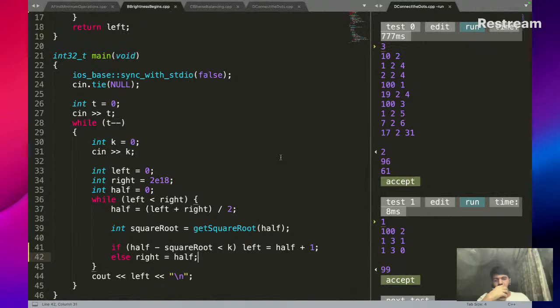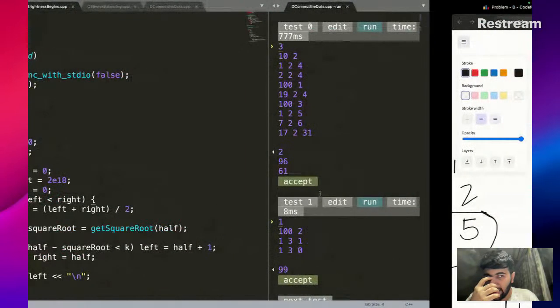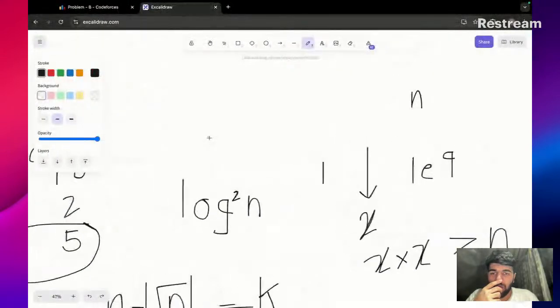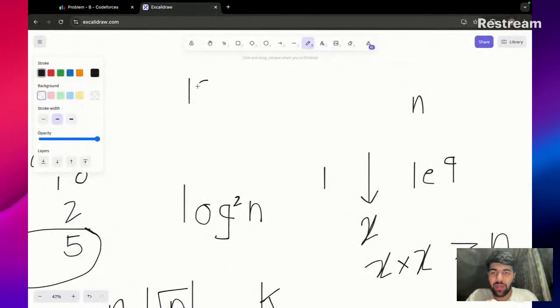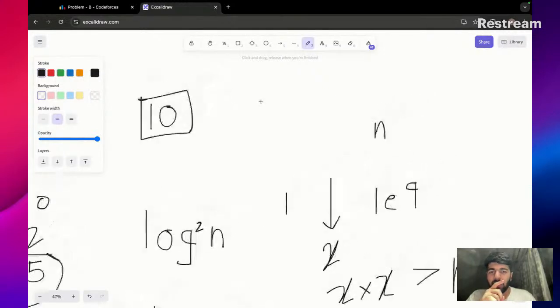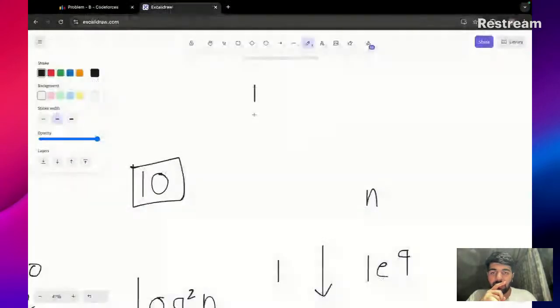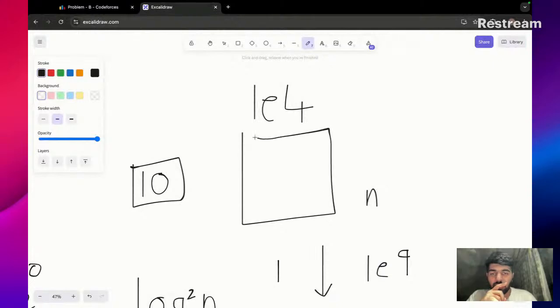How did it pass then? Because they will have taken care of the worst cases, because there are 10 pretests, right? And what is this constraint? 1e4, right? So one pretest will be 1e4 with all worst cases.